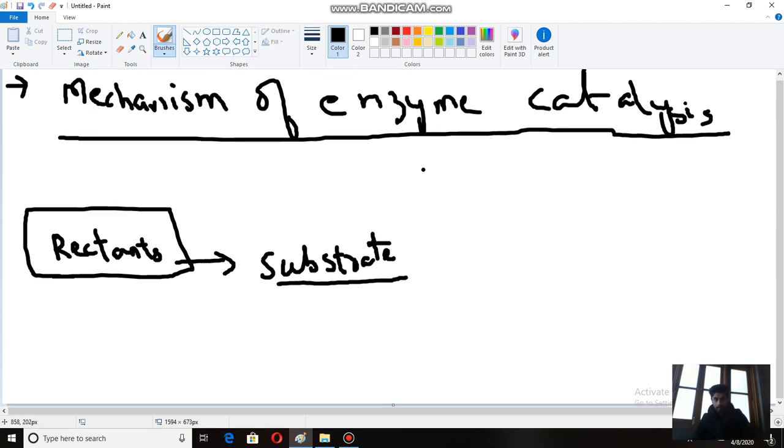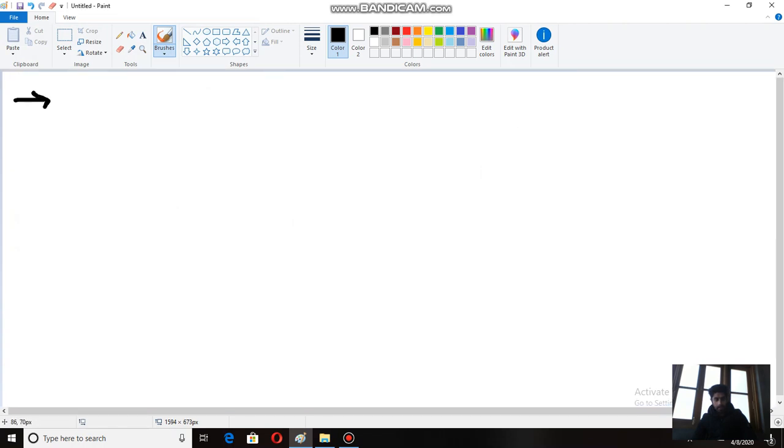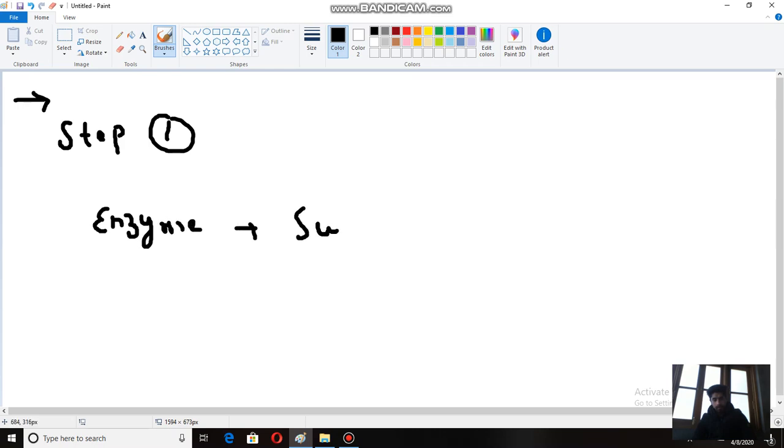Now, this mechanism for enzyme catalysis is divided in 3 steps. It's believed that this reaction happens as follows. Step number 1. First, the enzyme is bound to the substrate. Substrate means reactant.